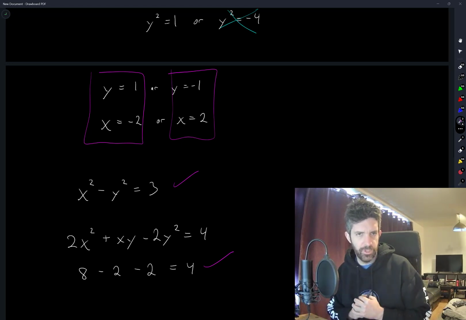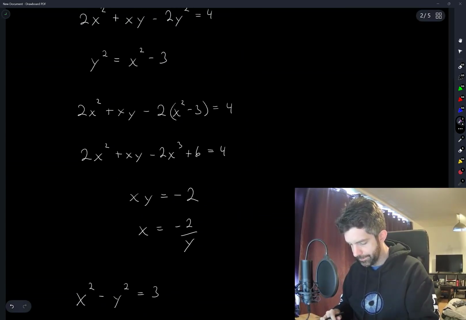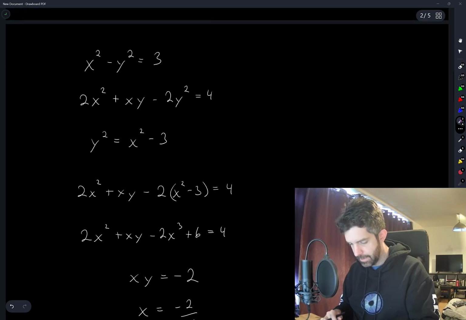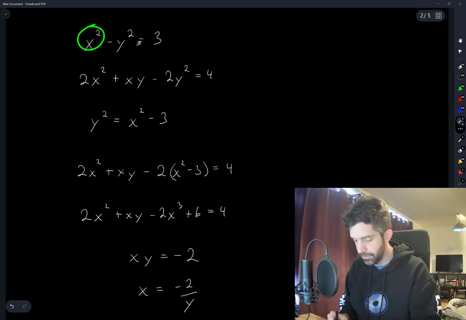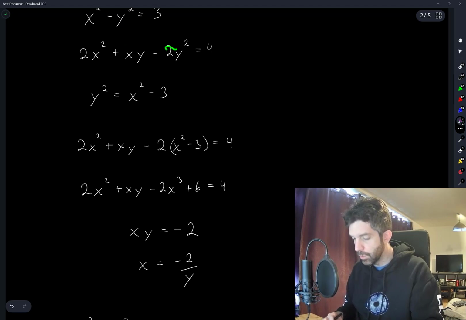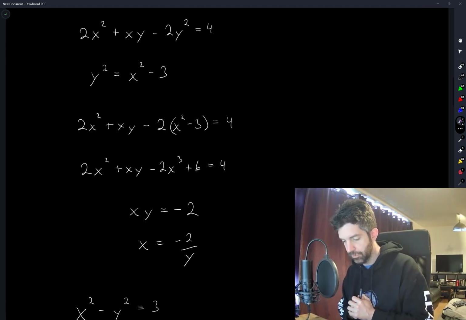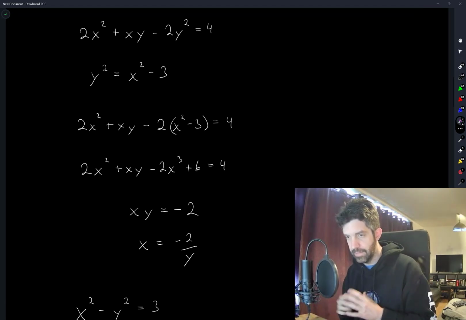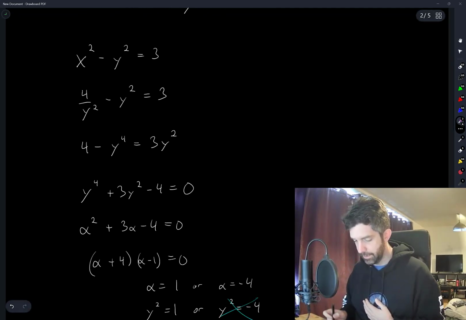In the message to me, it says, use a technique because all terms are degree 2. I'm not sure exactly what technique that is referring to. My only guess is that maybe you're led to believe that because everything is degree 2, if you make this kind of substitution that we did, I solved for y squared in terms of x squared and substituted that in there, you can expect eventually to have to solve a polynomial that is of even degree with only even powers, which is exactly what happened here, right?